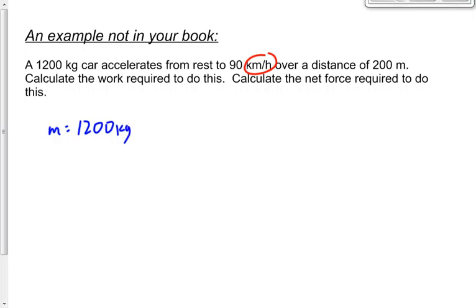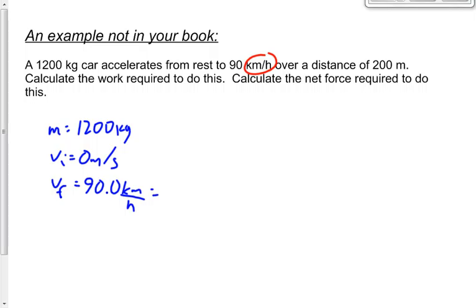We've got a mass of 1,200 kilograms. We've got a VI of 0 meters per second because it starts at rest. We've got a VF of 90 kilometers per hour, which we're going to want to convert to meters per second. How do we convert that? Don't try to convert it all at once, right? We're converting kilometers to meters, and then we're converting hours to seconds. How many meters in a kilometer here?